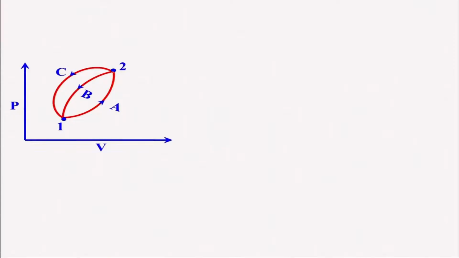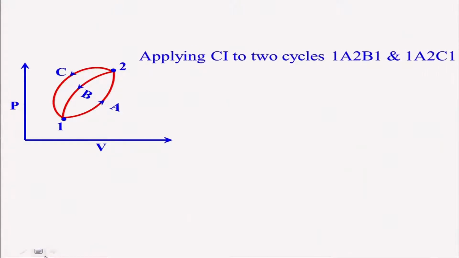Similarly, there is another cycle between the states, 1 A 2 C 1. So, now we can apply the Clausius inequality for the two cycles, that is 1 A 2 B 1 and 1 A 2 C 1.